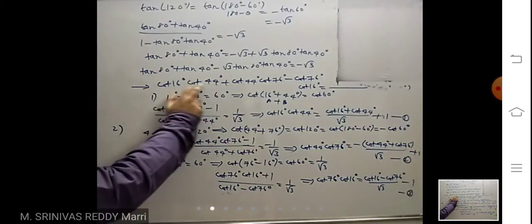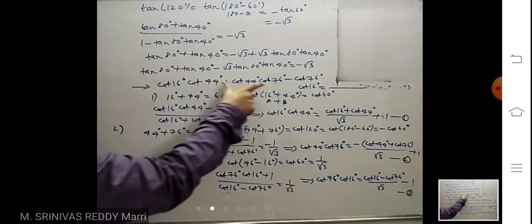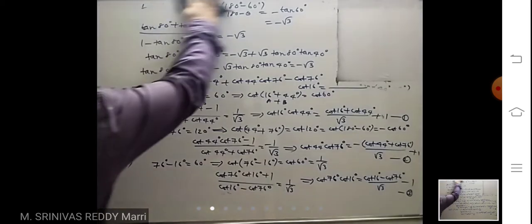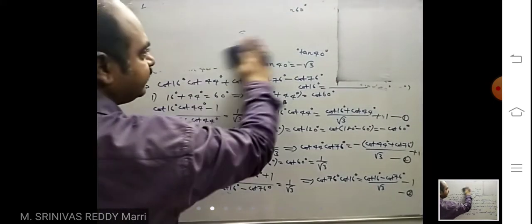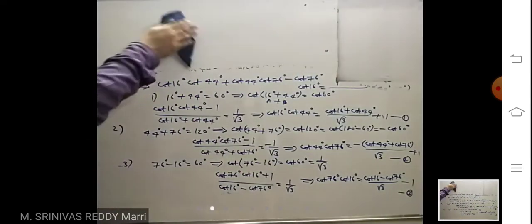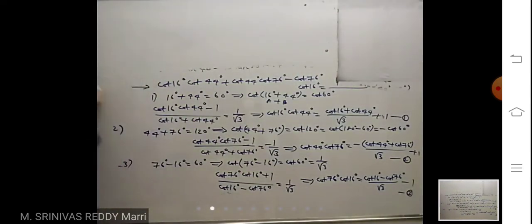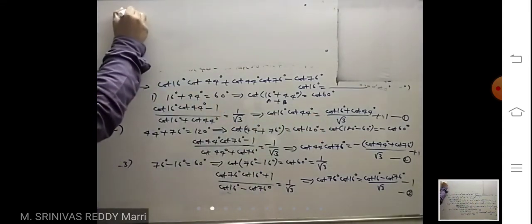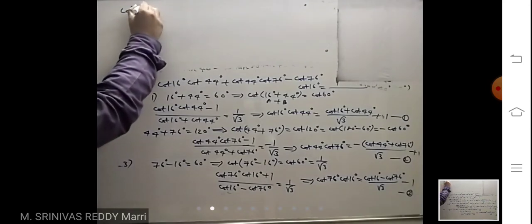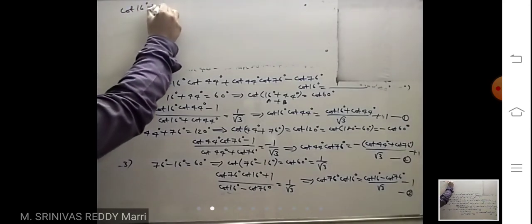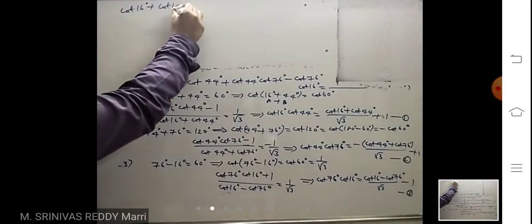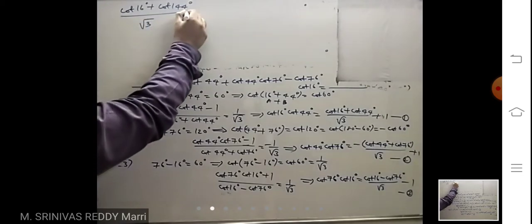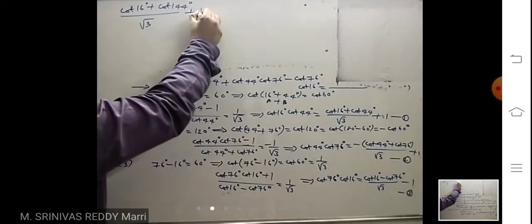Now look at our question here. Our question includes this product and this product. Substitute there, 1, 2, 3. So the products I have converted into sum or difference. Look at, if I substitute here, cot 16 into cot 44, this is nothing but (cot 16 degree plus cot 44 degree) divided by root 3, plus 1.